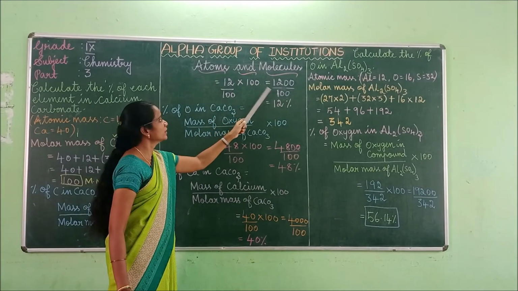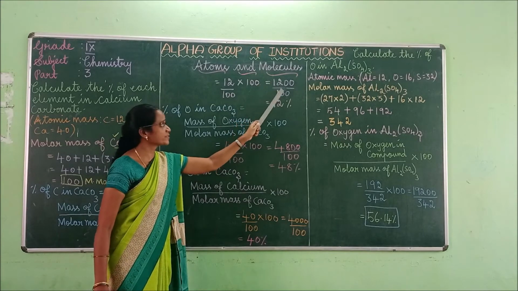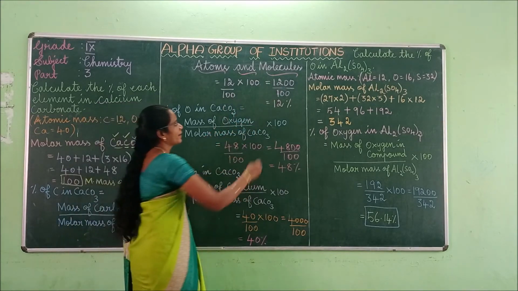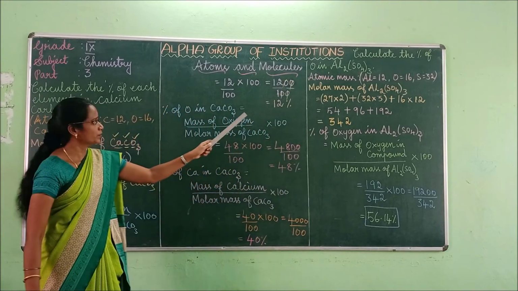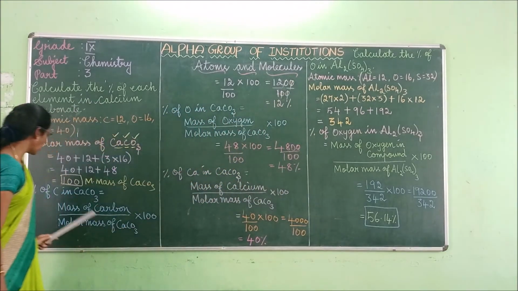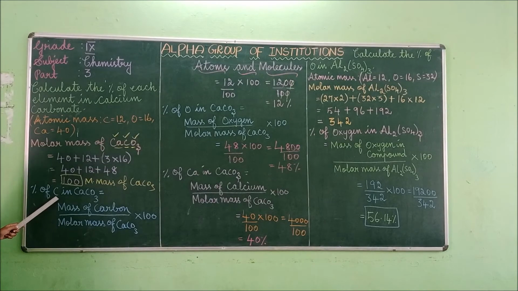So you will get 12 into 100, 1200 divided by 100. Cancel these two zeros, you will get 12%. Now you know the percentage of carbon in calcium carbonate, right?